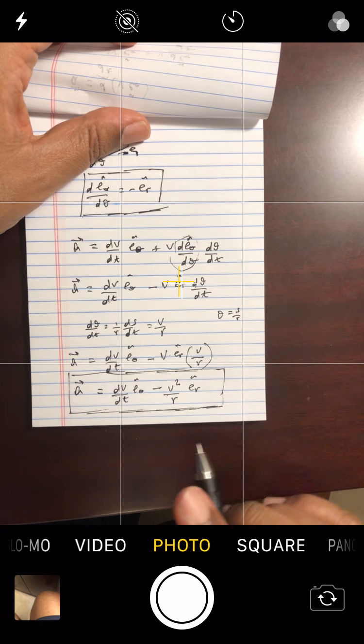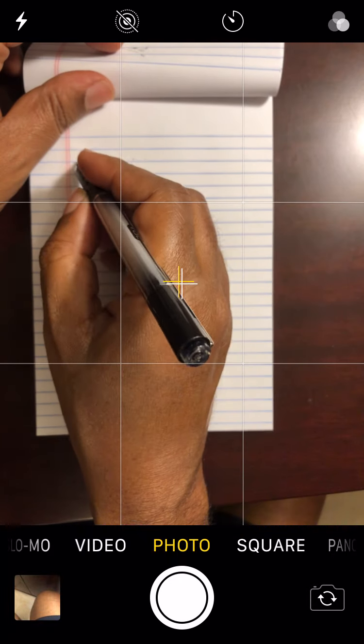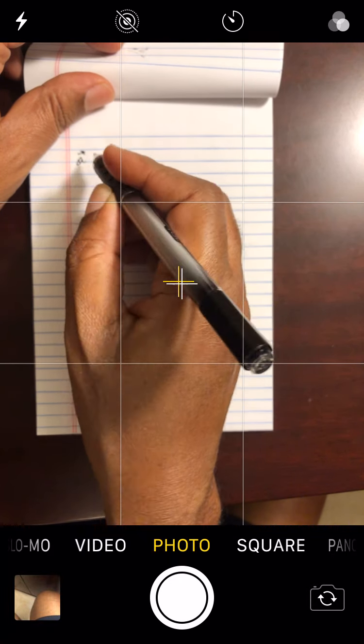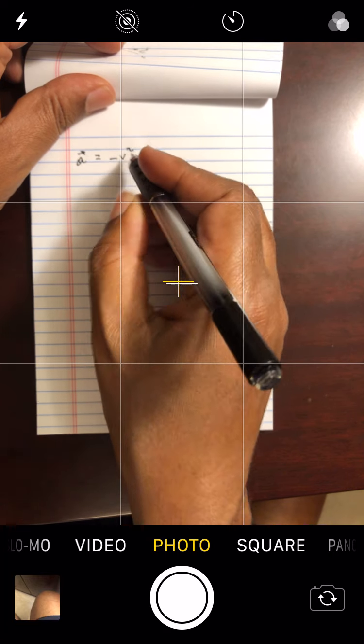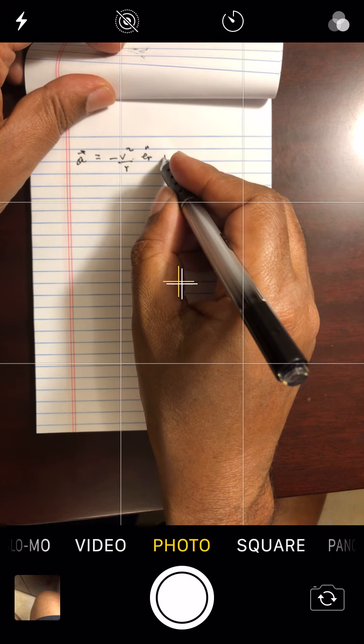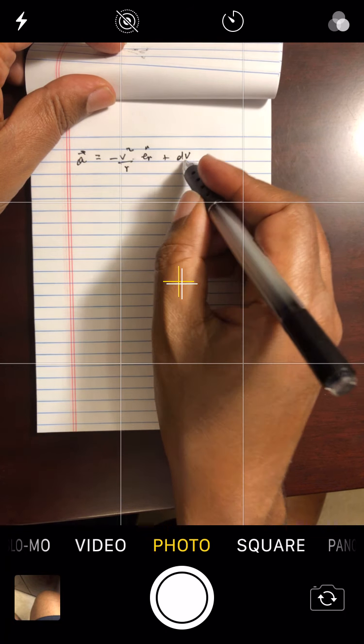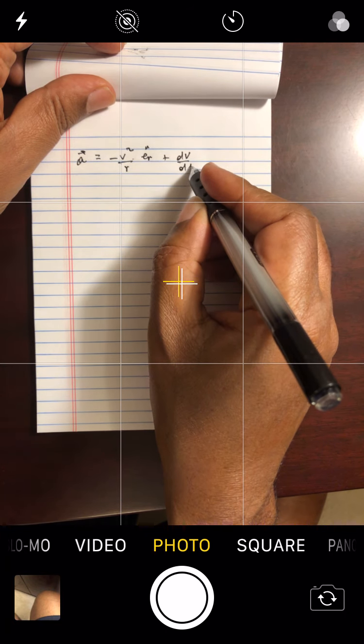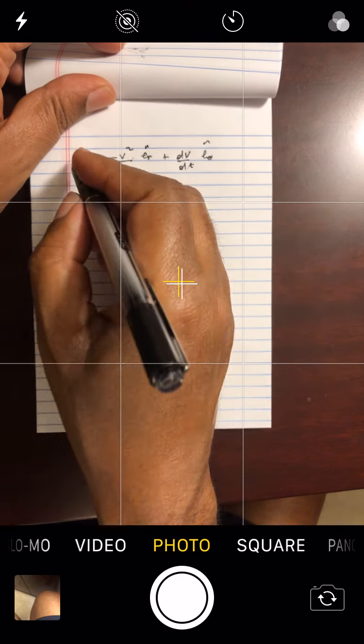Maybe I'll put this in front and write it again. The acceleration in the circular path is negative v squared over r in the direction of e r plus the derivative of the velocity with respect to time in the direction of e theta.